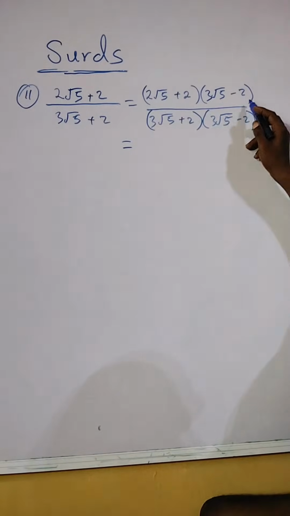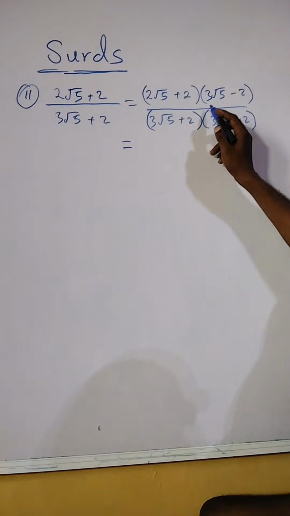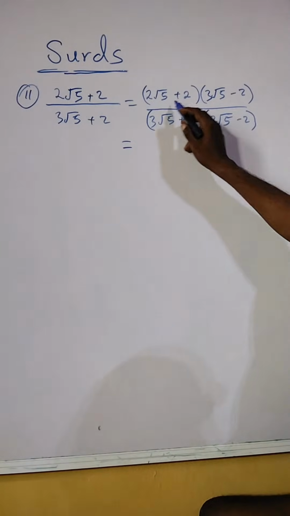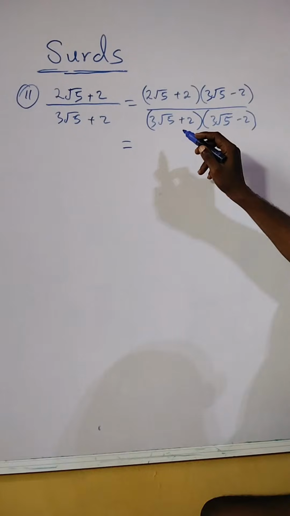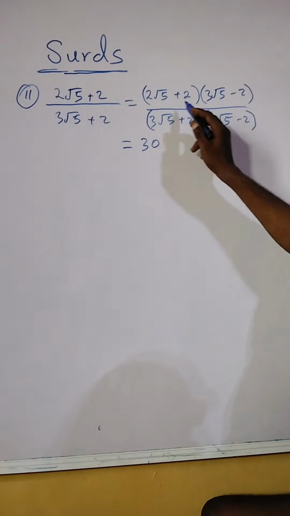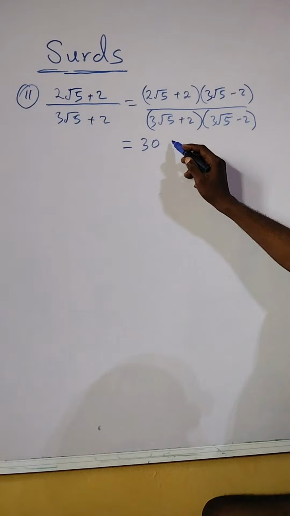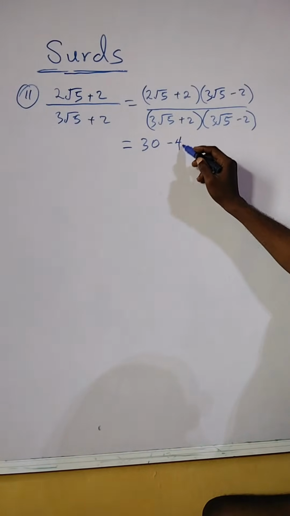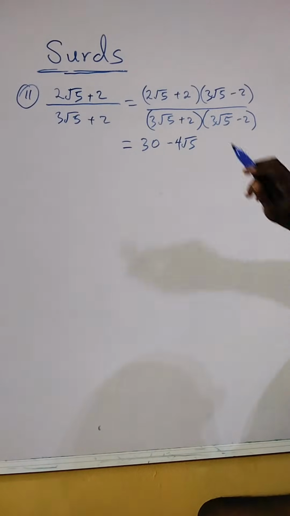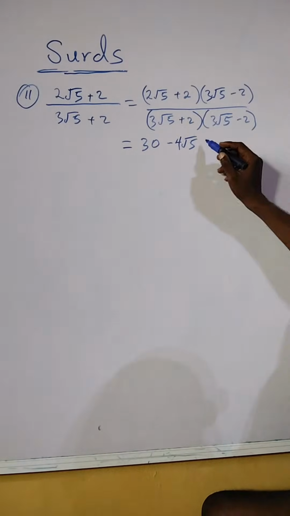2 root 5 will first multiply 3 root 5. 2 root 5 times 3 root 5 gives us 6, because 2 times 3 is 6, times root 5 times root 5, 5. And 6 times 5 gives us 30. Then 2 root 5 times minus 2 gives us minus 4 root 5. Then 2, we multiply next. So 2 opens this bracket as well.